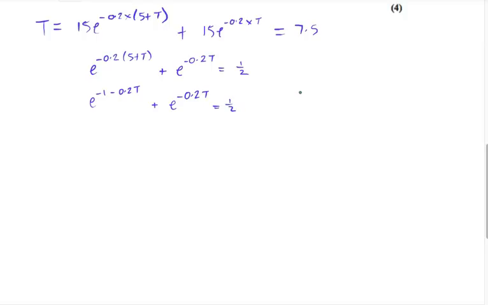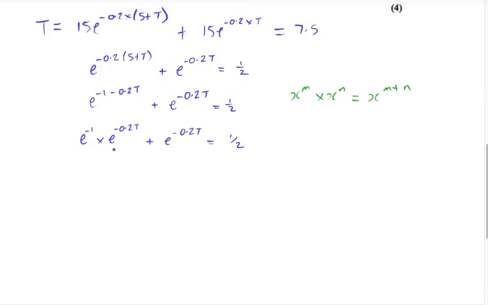Remembering the rules of indices that states x to the power of m times x to the power of n equals x to the power of m plus n. So if the base numbers are the same, we can add the index numbers. If we assume that the base number is e, then we can use this rule going backwards to split this up to get e to the minus 1 times e to the minus 0.2t.